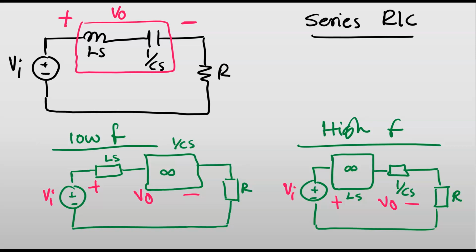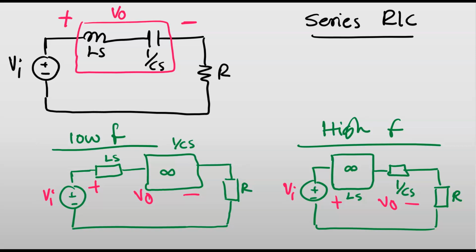So if you have a low or high frequency, then one of these two will be a huge impedance, which basically, if you think about the voltage divider, then the voltage divider happens across different impedances according to their impedance. So if you have higher impedance, you will get more voltage. Now, if one of your impedances is infinity, all the voltage will drop across that element.